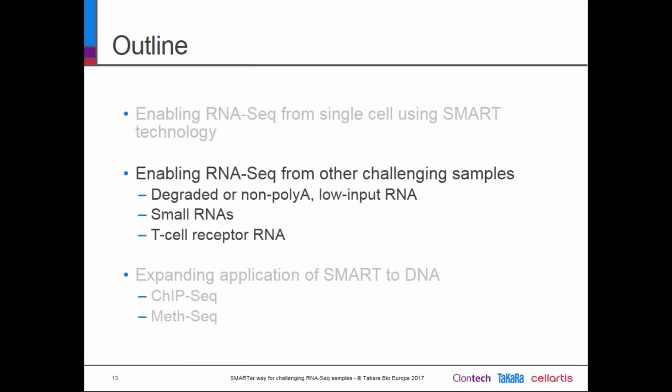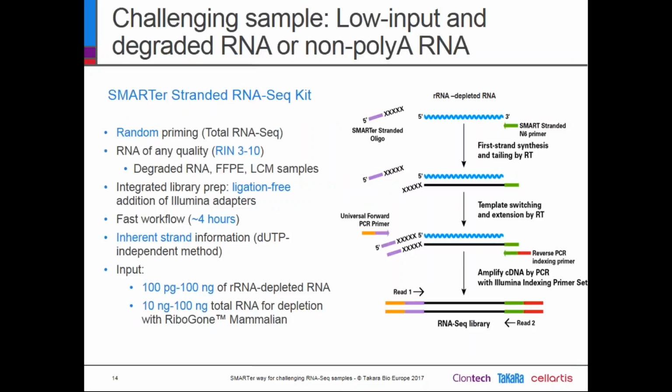So this brings us to the second part of the presentation, which is what to do if you have degraded RNA or non-polyadenylated samples. For these cases, we have adapted the technology. You will recognize that the workflow is very similar to what I already showed before. It's just that we incorporate some differences to make it compatible with degraded or non-poly A RNA.